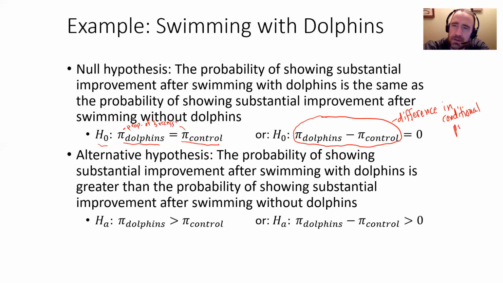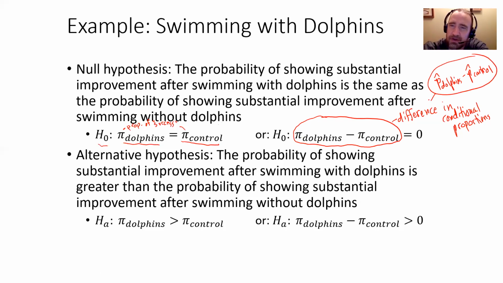So I like this format because it's mirroring what we are interested in the study. We calculate the proportion of success in each group and subtract it. That's our statistic. And that looks like p hat dolphins minus p hat control. And that's the statistic we're going to examine.